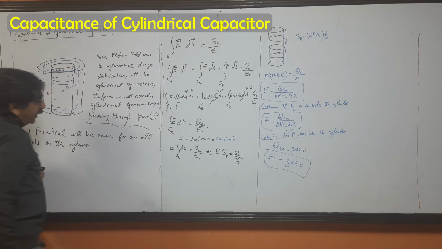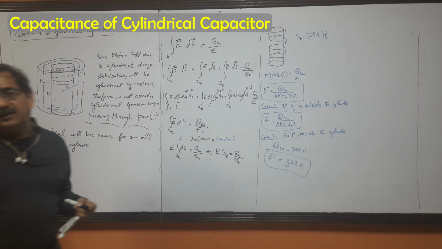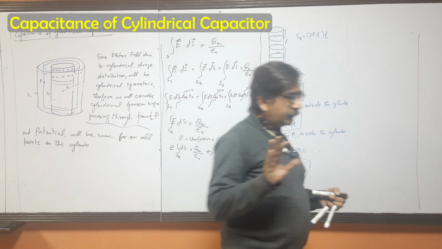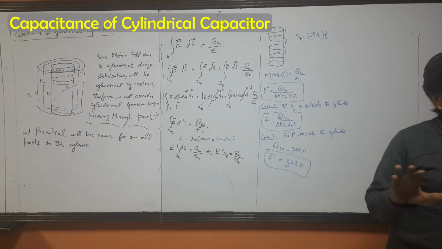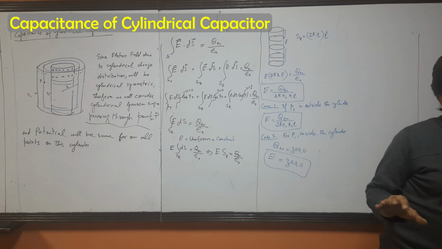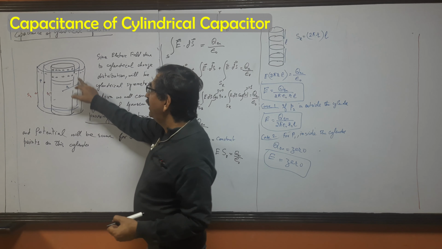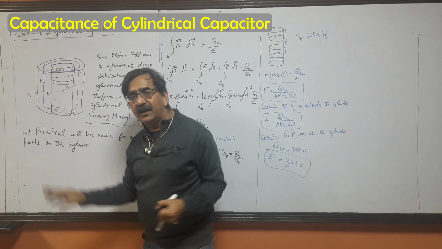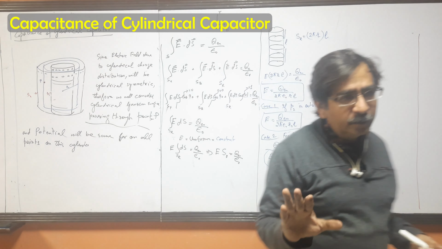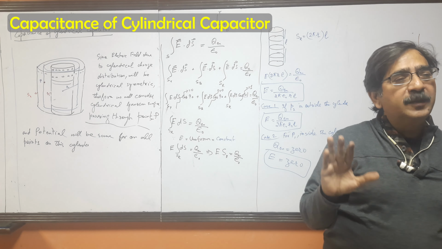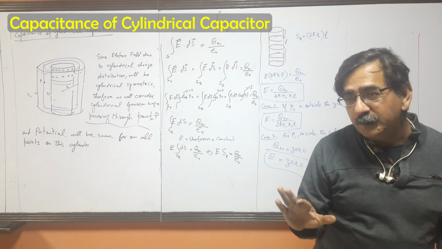Equal potential surfaces are surfaces for which there will be no change in potential. So if point P is anywhere on this cylinder, there will be no change in potential. Therefore, the potential difference will be 0.